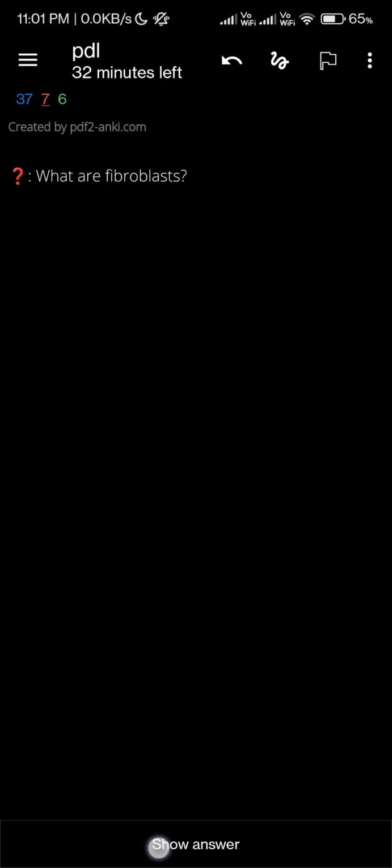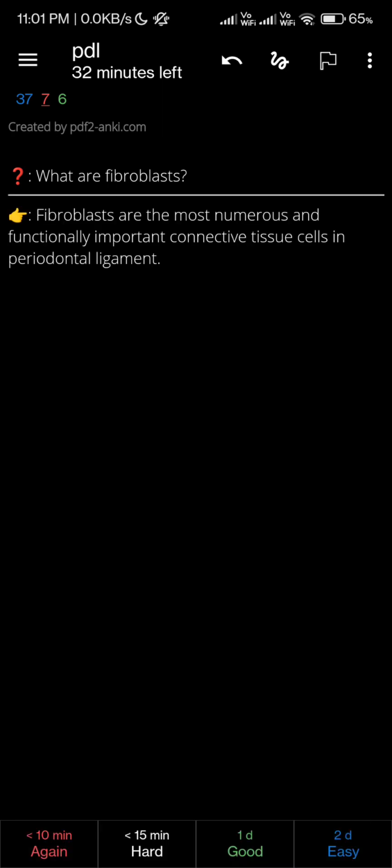Fibroblasts are the most numerous and functionally important connective tissue cells in the periodontal ligament.